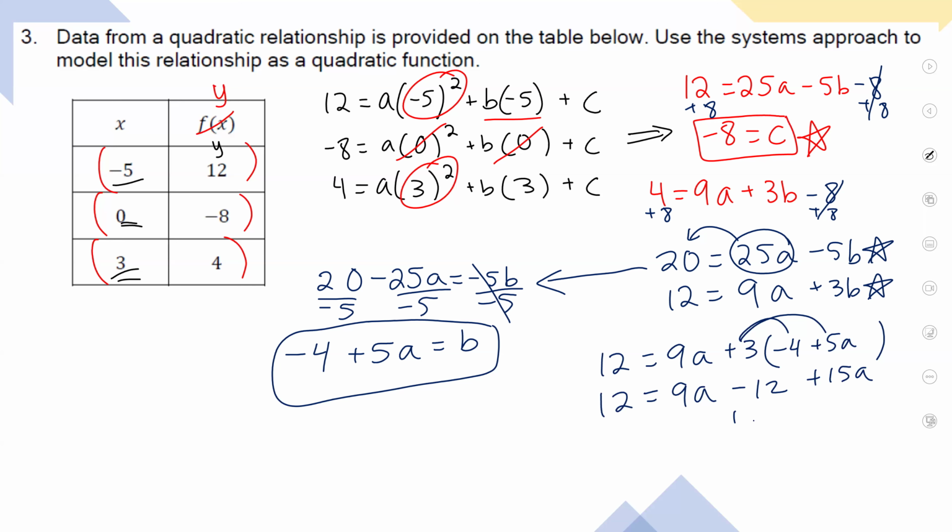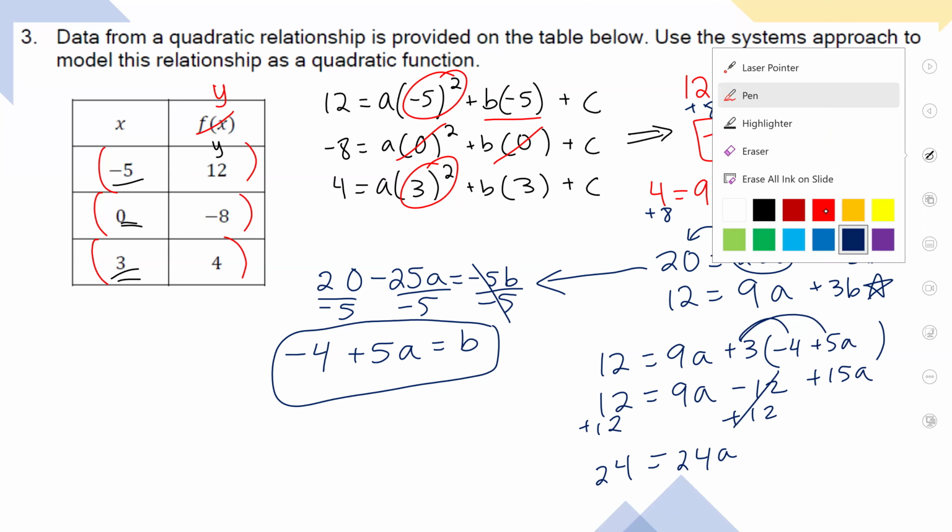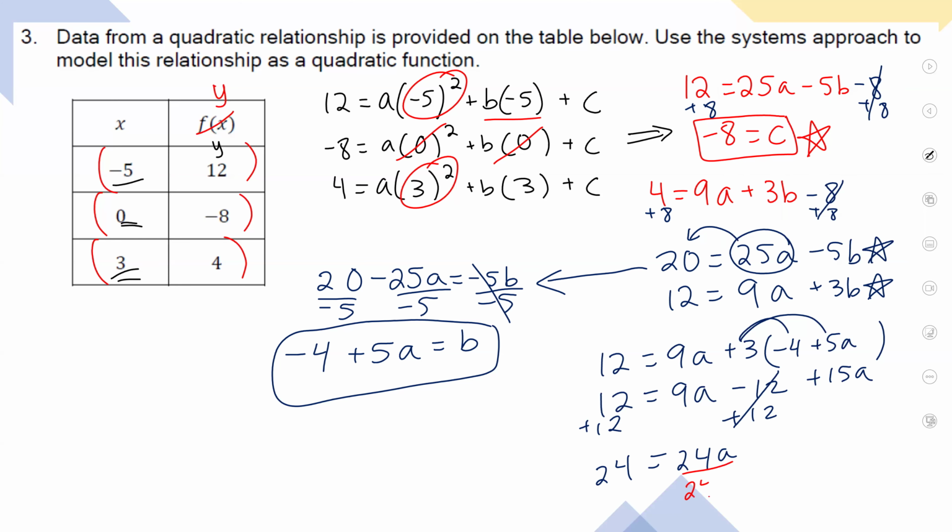Now we'll add 12 to both sides. We get 24. What's 9a plus 15a? 24a. And then we'll divide both sides by 24. So you get a is 1. Perfect.